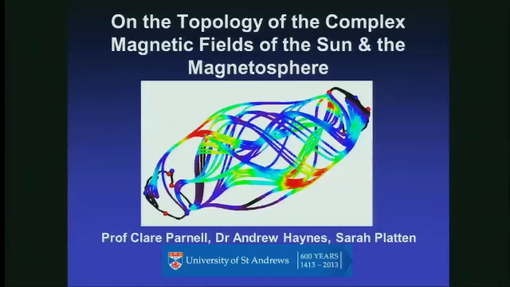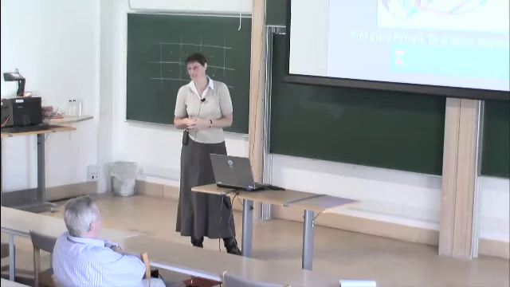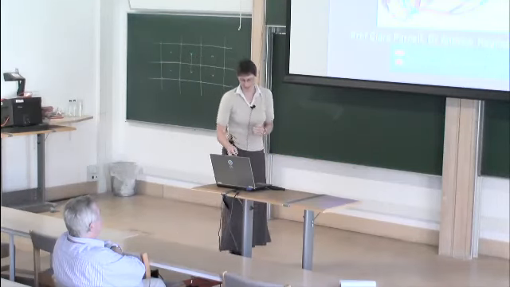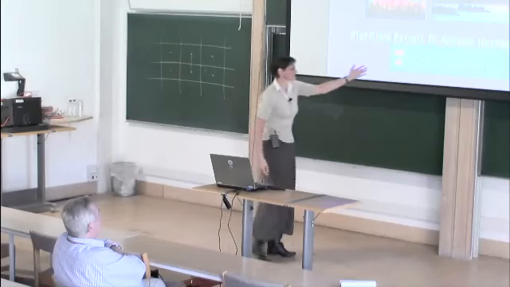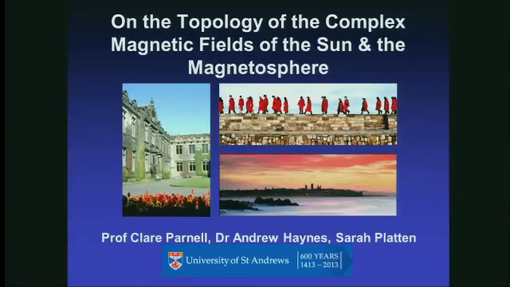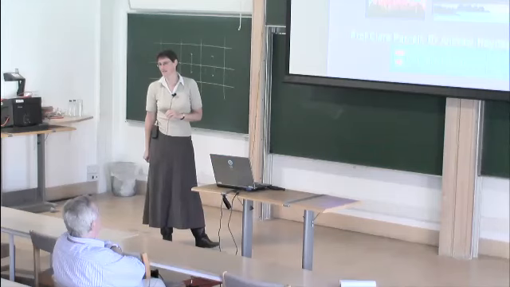So I was actually going to say something about the 600th anniversary of the University of St Andrews. It's obviously not as old as Cambridge. It's the third oldest university in the UK. And although it says on this slide from 1413 to 2013, it was actually in about 1410 that they started teaching.